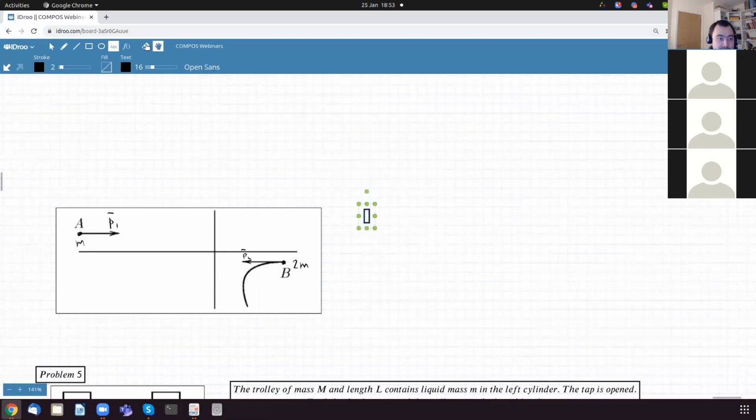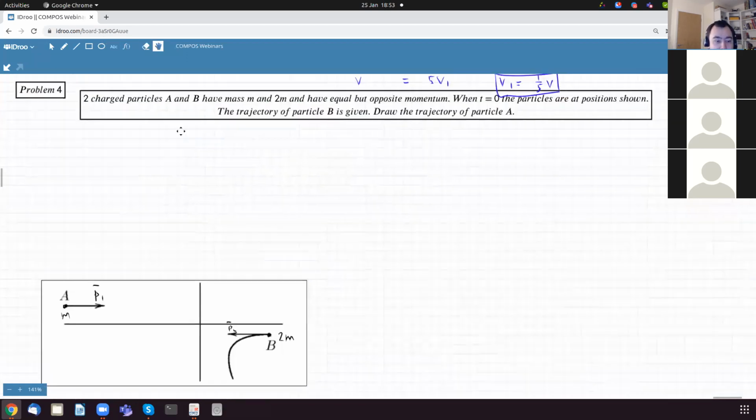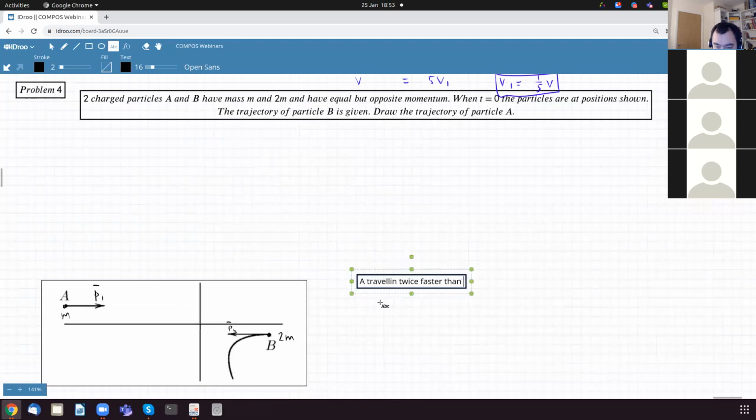A travels twice as fast as B. Then secondly, the total momentum is 0, because A has momentum to the right and this has momentum to the left.